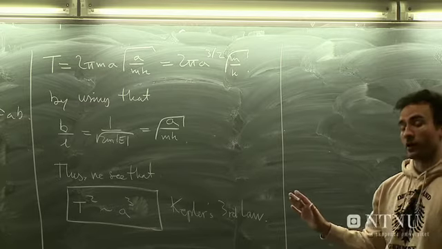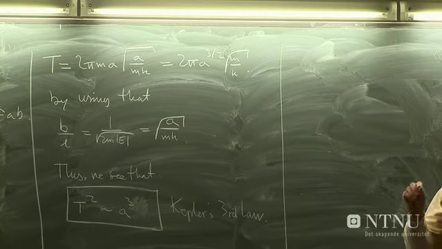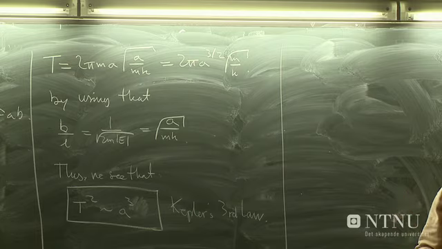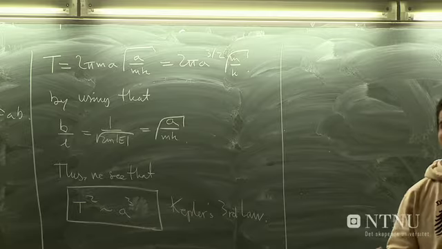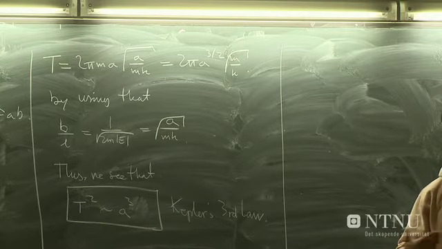What we've done so far is to find an equation for r as a function of theta. So we basically express how the radius in the orbit changes with the angle. But in principle, it should also be possible to obtain an expression for r or theta as a function of time.